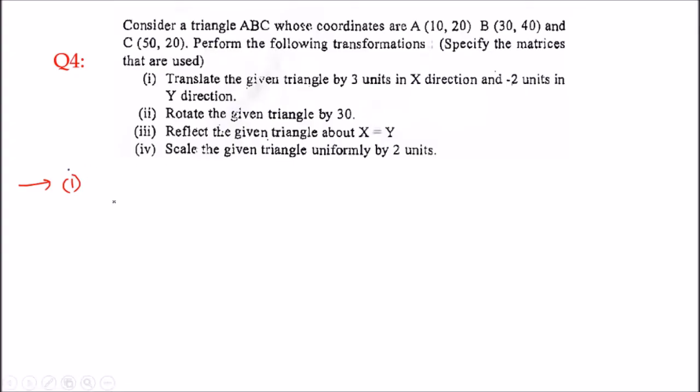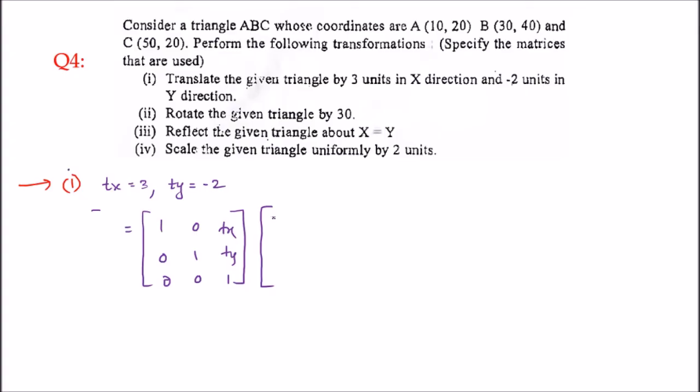So here translation you have to perform. Tx is given as 3 and Ty is given as minus 2. So we know the matrix for translation. It is the translation matrix [1 0 Tx; 0 1 Ty; 0 0 1] multiplied by the coordinate matrix, which is x1 y1 1, x2 y2 1, x3 y3 1.